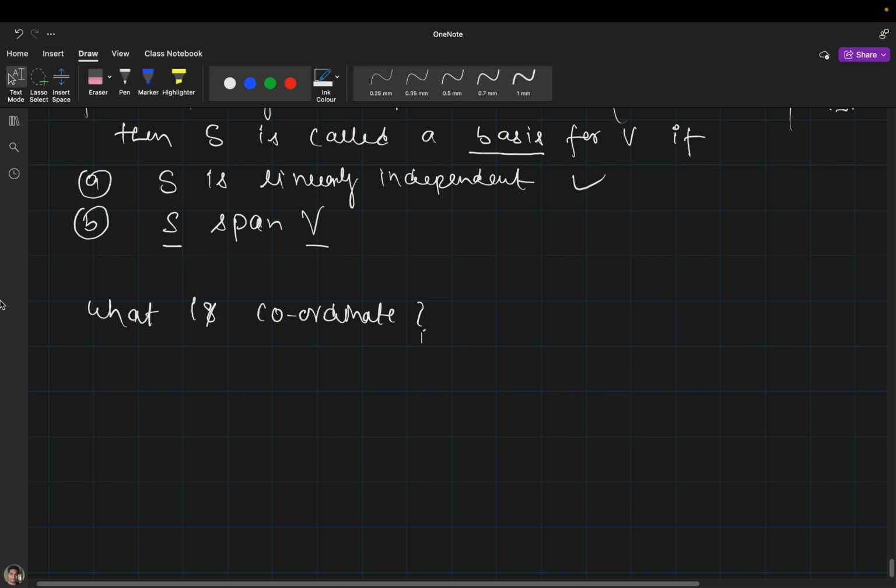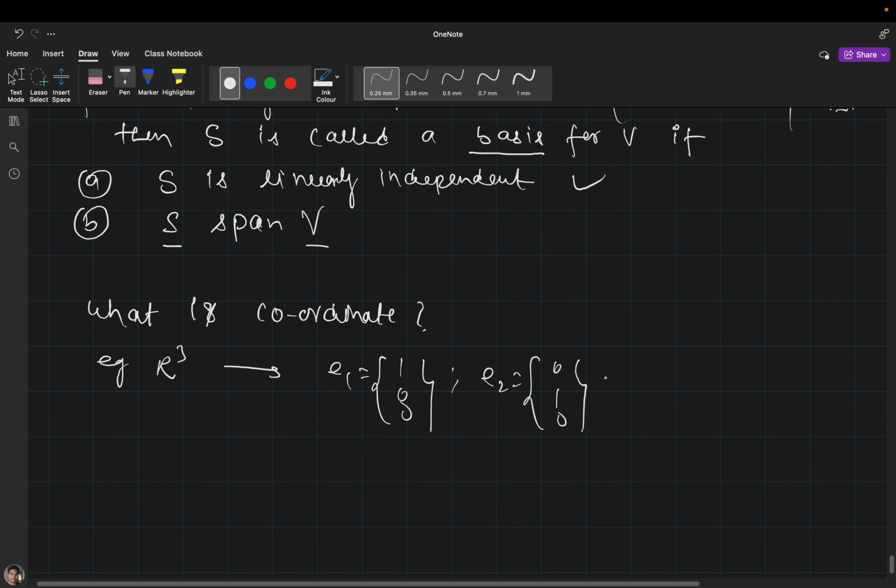Suppose we have three-dimensional space. Let's take an example for three-dimensional space. We know that one of the bases is E1 = 1 0 0, E2 is 0 1 0 and E3 is 0 0 1.